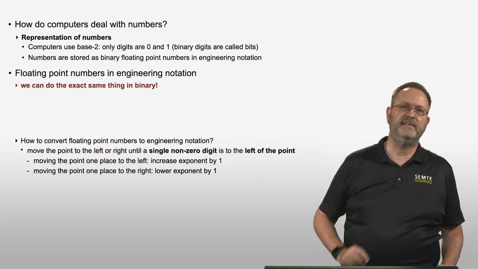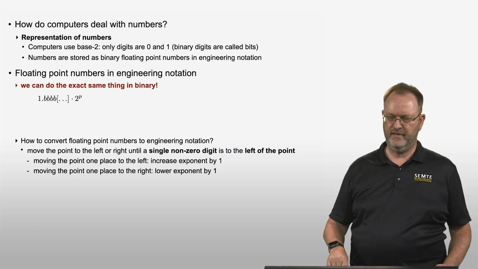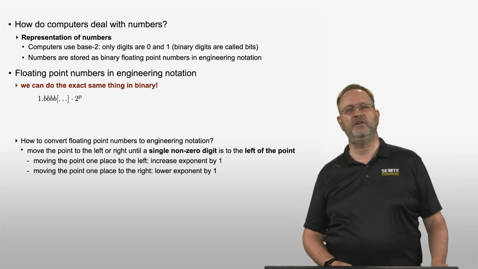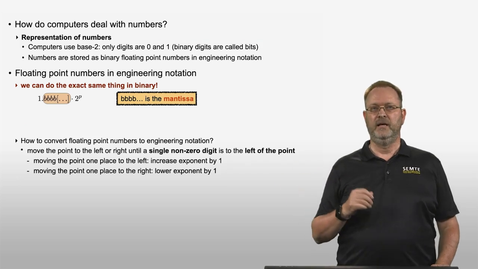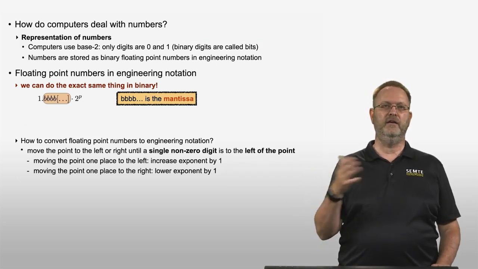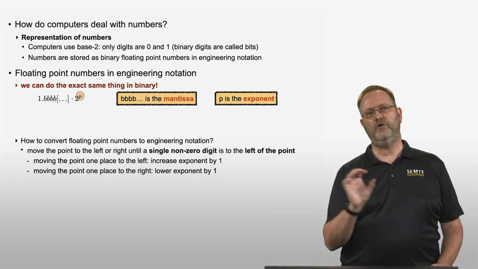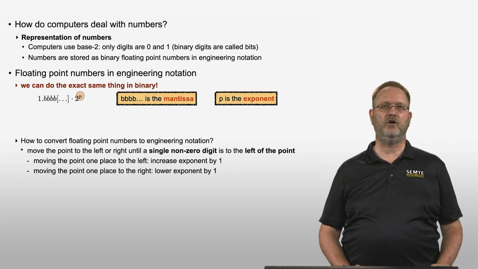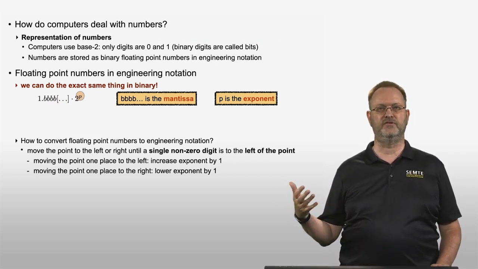Now, we can do the exact same thing in binary. Nothing really changes. The naming is a little bit different, and there's one unique feature of binary numbers in engineering notation. We still have the mantissa, but our numbers always start with a 1 to the left of the binary point. The following digits, the b's indicated here, form the mantissa, and we call these digits bits.